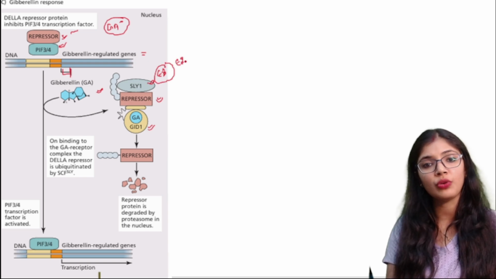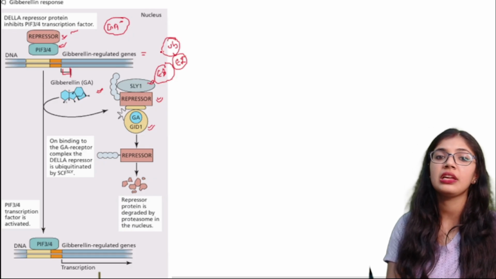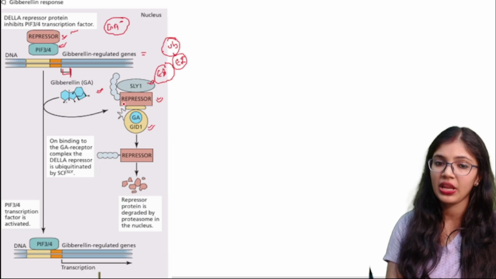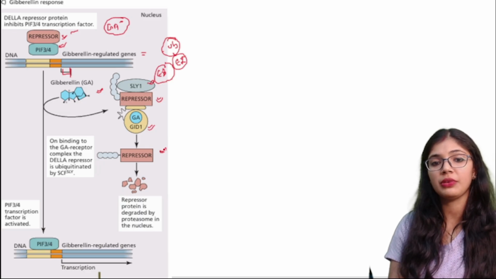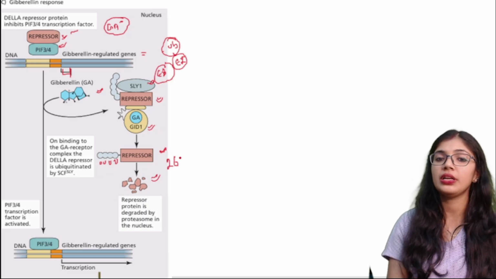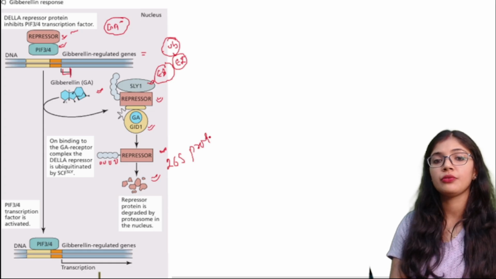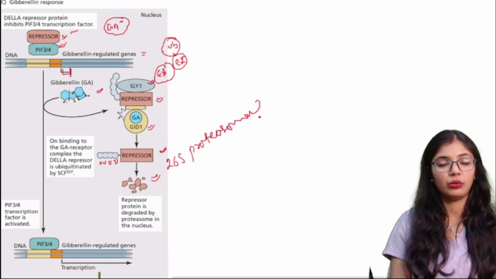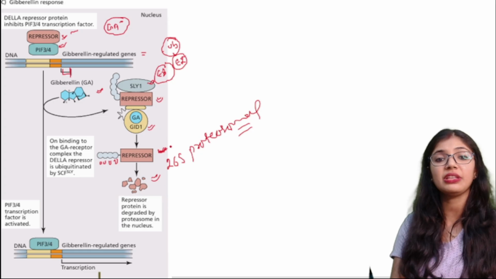Now the E2 is carrying the ubiquitin, which is transferred to the repressor protein. After which there is formation of poly-ubiquitin over here, and there is degradation of this repressor by the 26S proteasomal pathway.